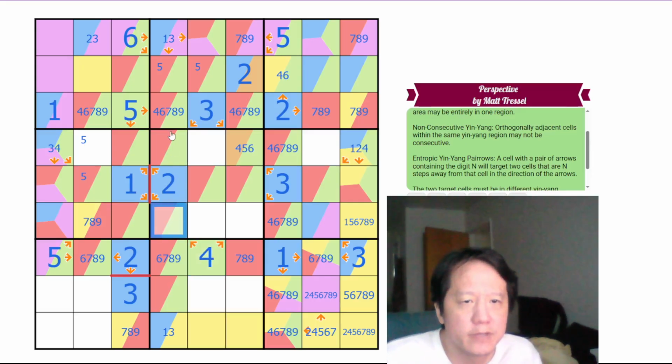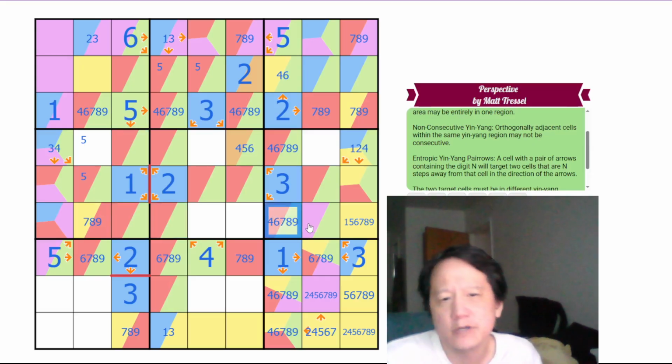So green and red, green and red, green and red. Red and blue. Not blue, this is green here. Okay, so we have red or green here. Red or green here. Red or green here. Green and red. That's 5.